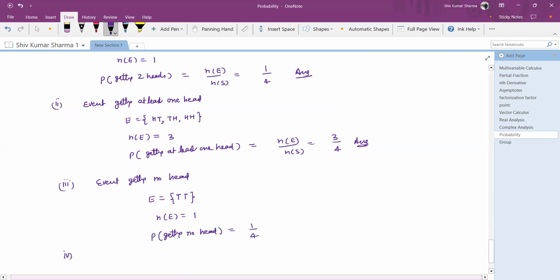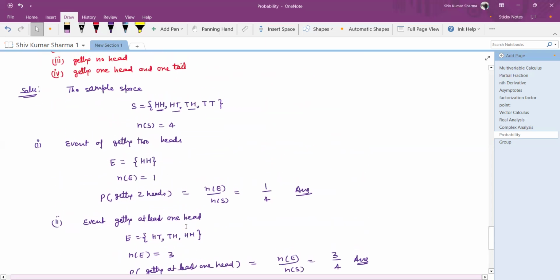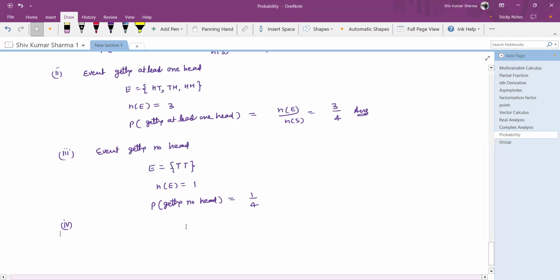And the last part, the fourth part, says getting one head and one tail. So the event of getting one head and one tail, that means event E is equal to head tail, tail head, containing two elements.